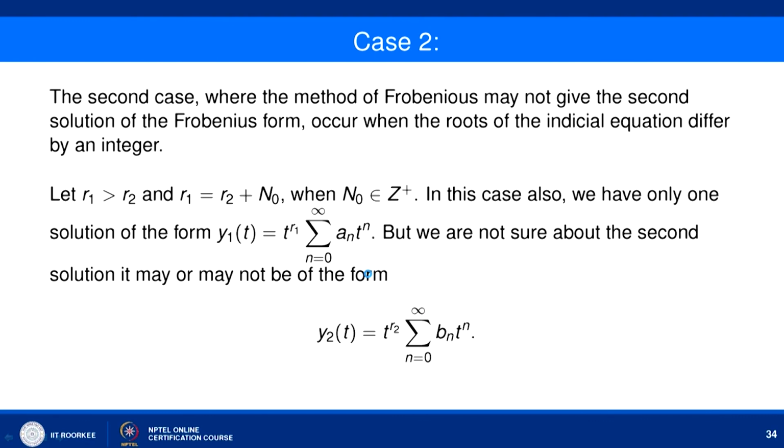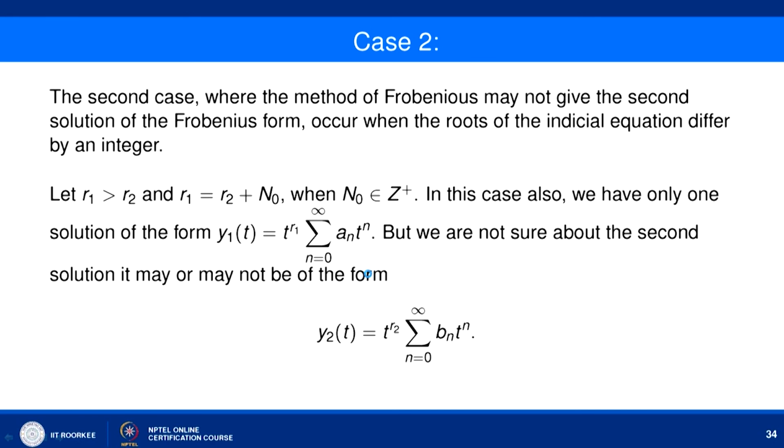Okay. So, now look at the last case, the second case where the method of Frobenius may not give the second solution of the Frobenius form, and this occurs when the roots of the indicial equation differ by an integer.